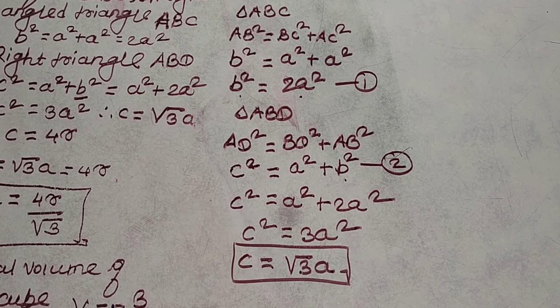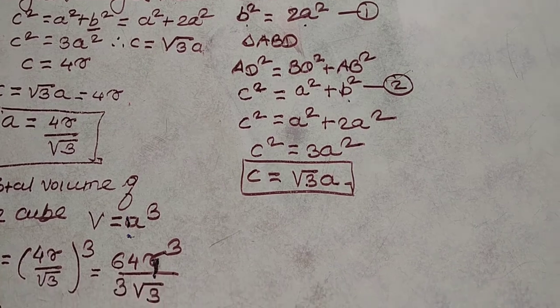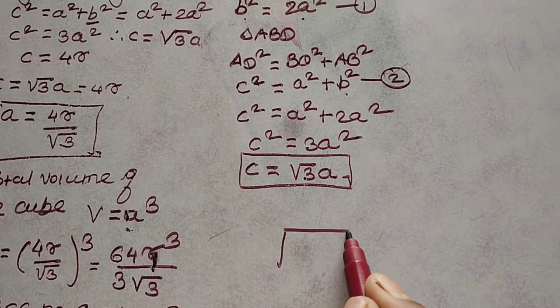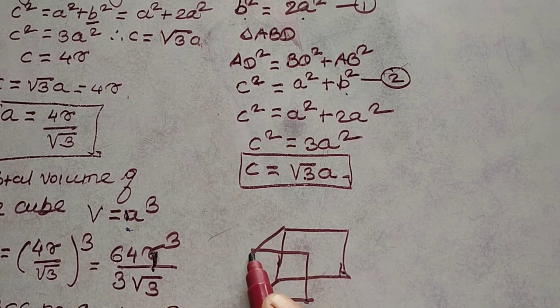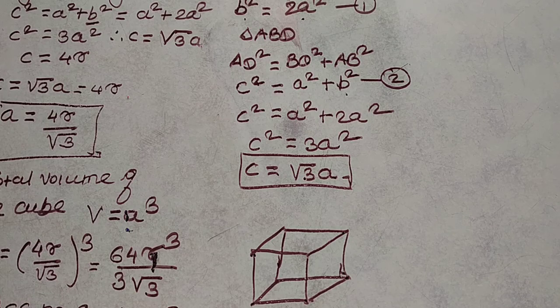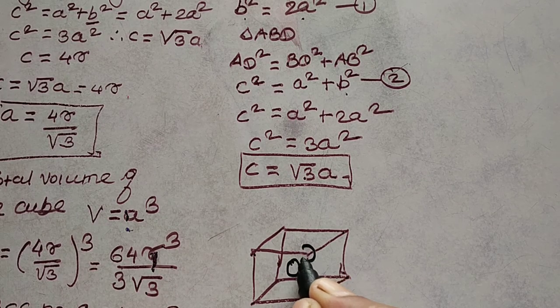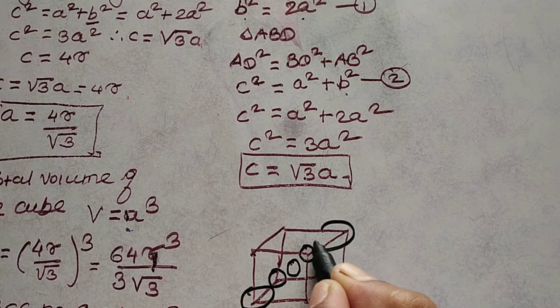Then I will again draw the BCC structure and show how to calculate the value of c for the diagonal. You know that all atoms are present in the corners, but one atom is also present in the body center. Here corner, here also corner, and here also corner.